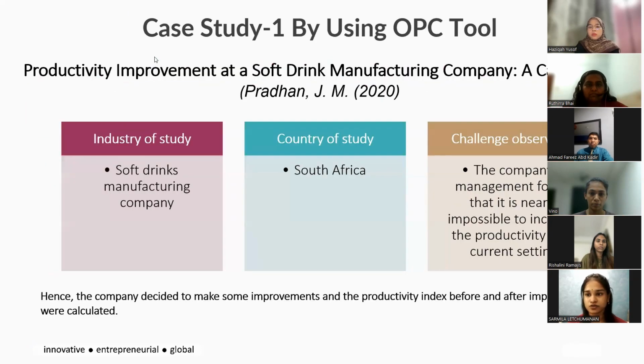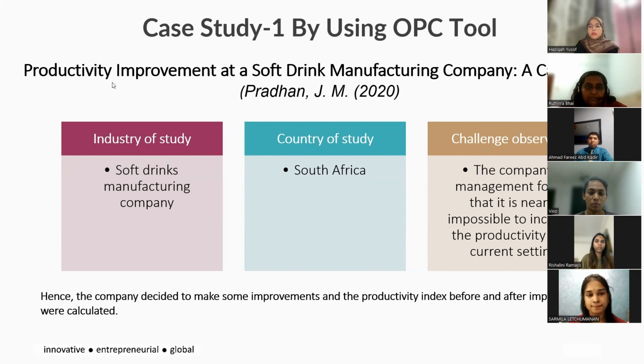Okay, next I pass to Rutira. Hi everyone. Now I will be reviewing the first case study that we have here. This is regarding a case study performed in a soft drink manufacturing company located in South Africa. The challenge observed in the company is that it was nearly impossible to increase productivity with their current settings.